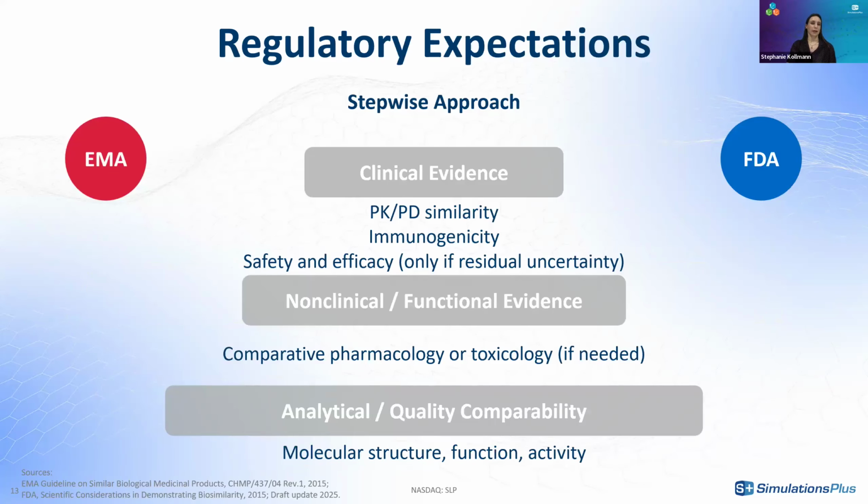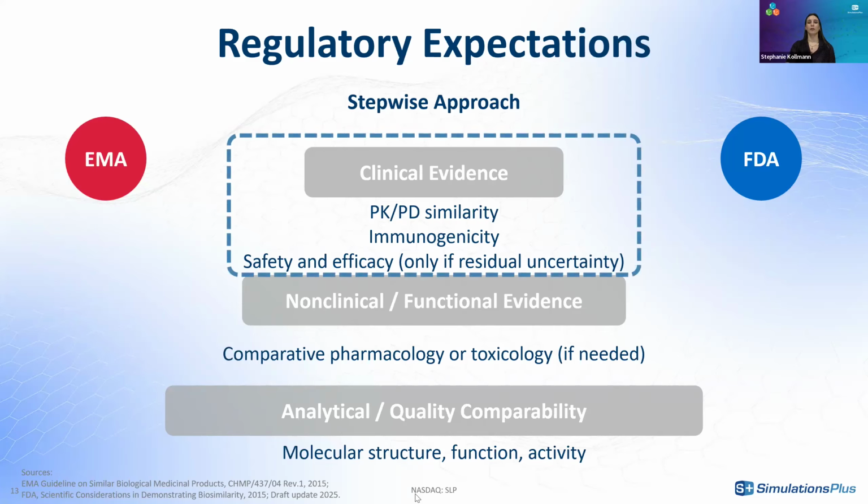So let's imagine we are a company developing a biosimilar for pegfilgrastim. We have already completed the analytical and functional comparability exercise, demonstrating that our molecule matches the reference in structure, activity, and function.